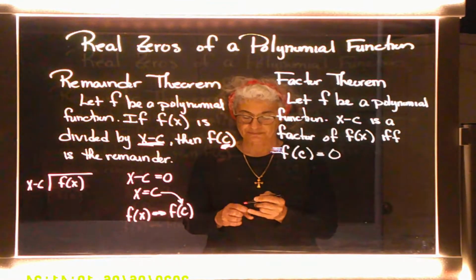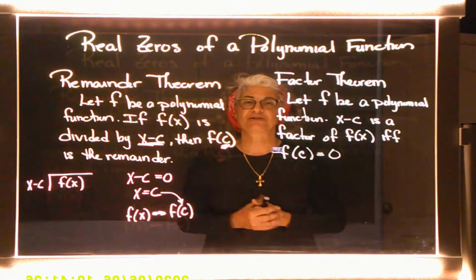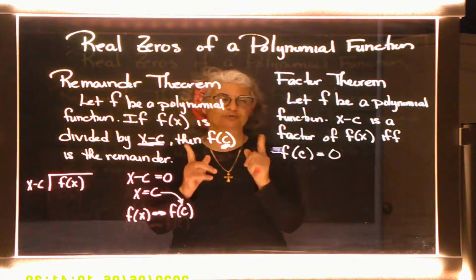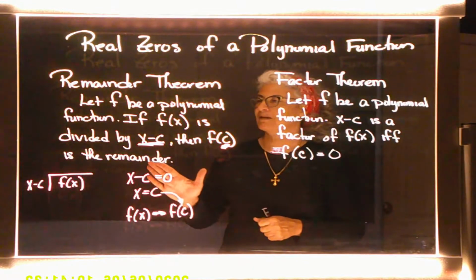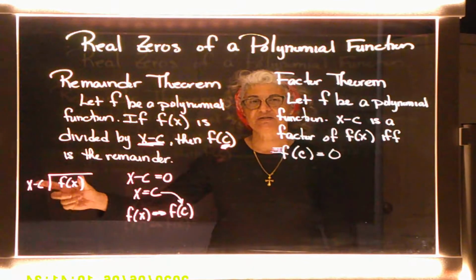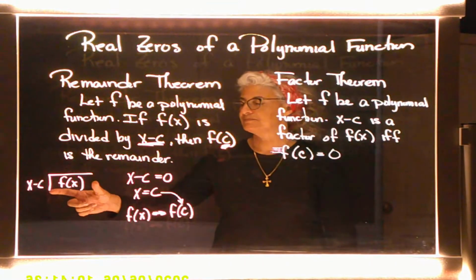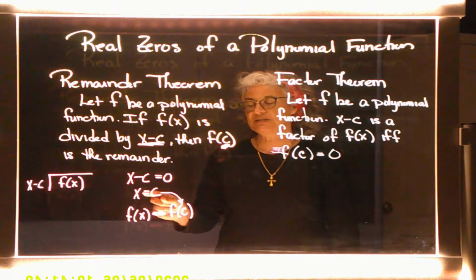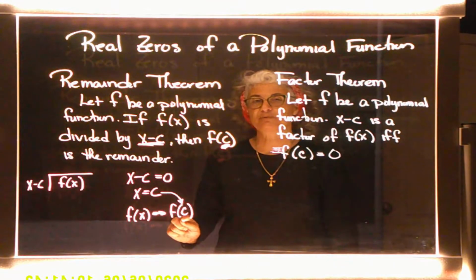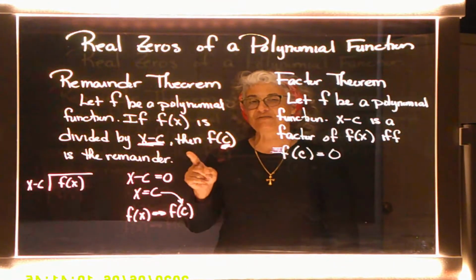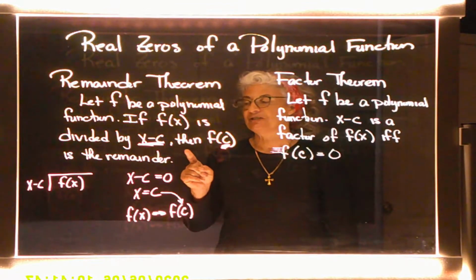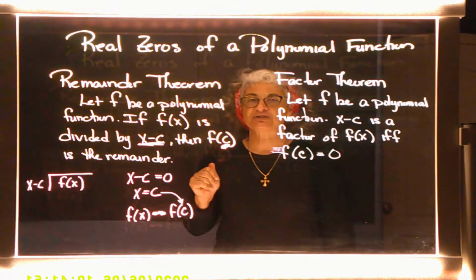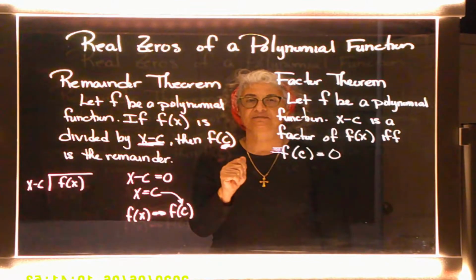Good? Now, this next theorem goes hand in hand with the remainder theorem. Here's what I need you to think about. If you do this long division, or you take x minus c equal to 0 and then plug this c into the polynomial, if this is supposed to divide evenly, then your remainder should be what number?